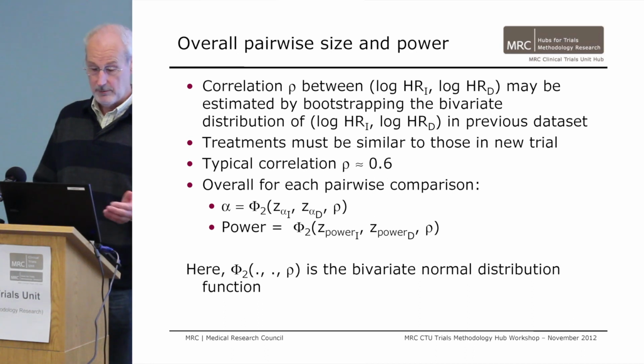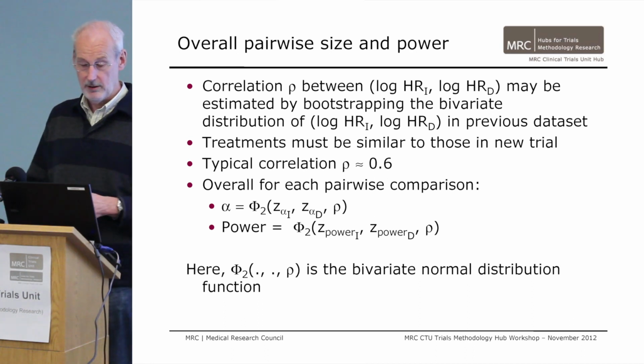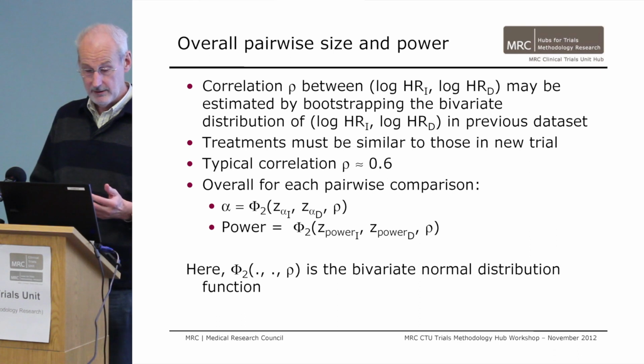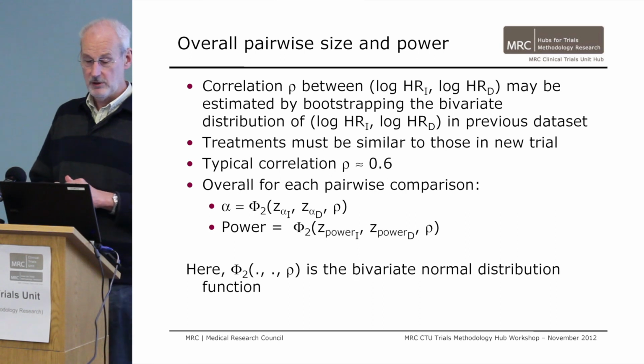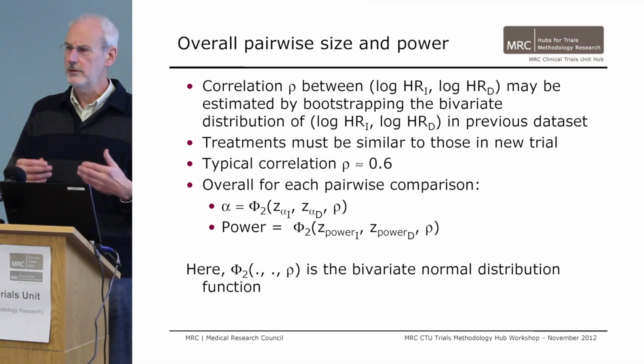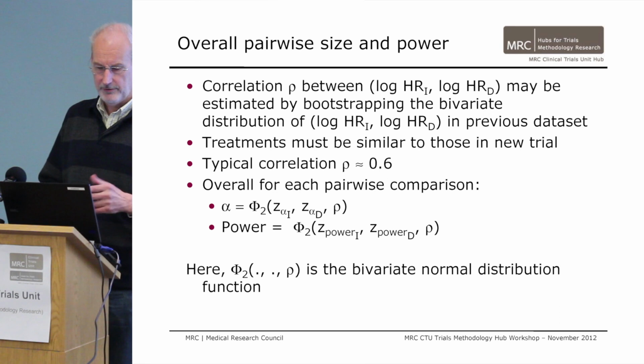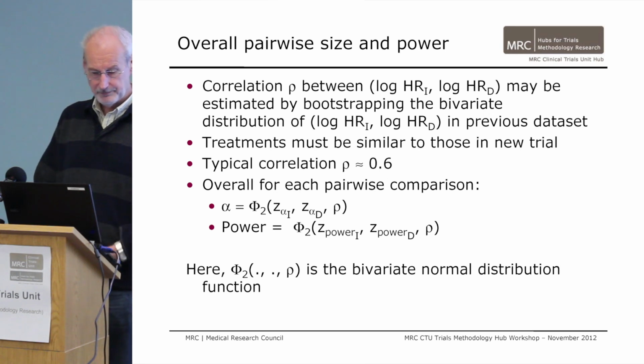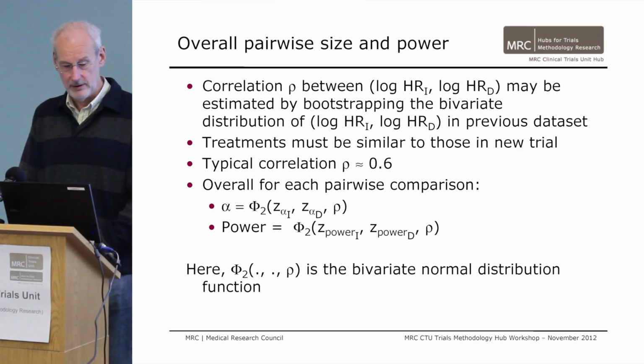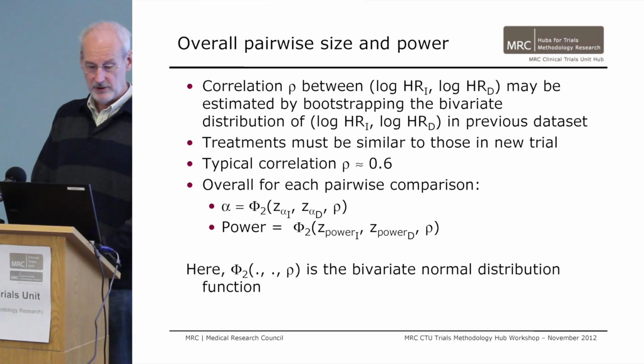Obviously the treatments have to be somewhat related to those in the new trial, otherwise we're not looking at like and like. And what we find when we do this analysis, I'll show you some examples in a minute, is that the correlation between the log hazard ratios is typically of the order of 60%, 0.6. That's what this parameter rho is. Having got that, then we can do some rather simple mathematics to show what the overall type 1 error or significance level is, which is the expression alpha equals 5,2 of blah, blah, blah.